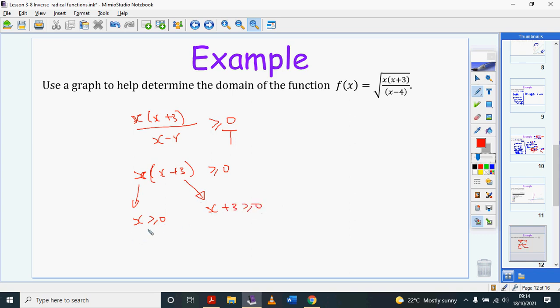And if this is greater than 0, then you have x is greater than or equal to negative 3, right? The reason I'm saying that is because if this product is greater than 0, then either both of these are negative or both of them are positive, right? Because that's the only way you get something that's greater than 0.